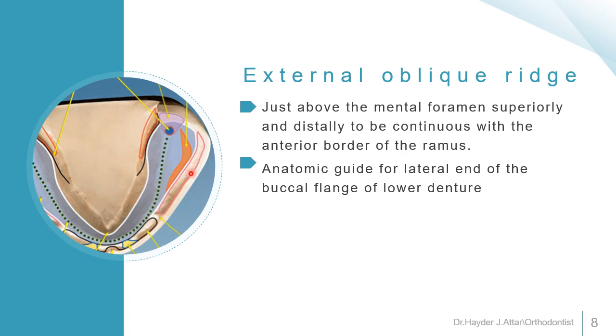The oblique ridge is regarded as the anatomic guidance for the lateral end of the buccal flange of the mandibular denture, or as a limiting extension area of the buccal flange of the complete denture, because, as mentioned before, the attachment of the fibers of the buccinator to this area interferes with the insertion or the stability of the complete denture.